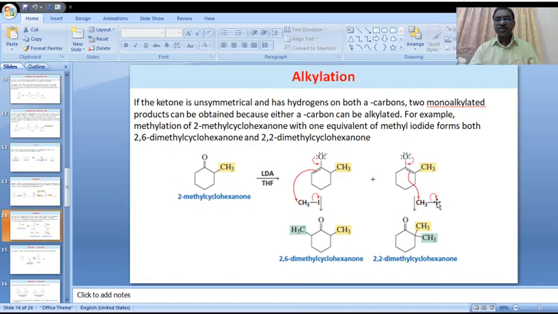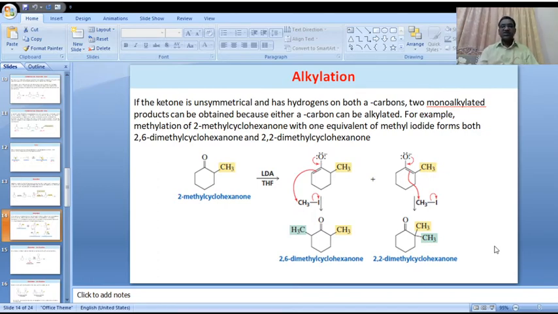This bonded electron pair is attracted by iodine and removed as I minus, iodide. That CH3 plus electrophile attacks the right hand side alpha carbon. In that case, 2,2-dimethyl cyclohexanone is obtained in this reaction.